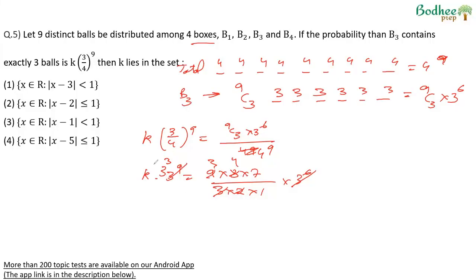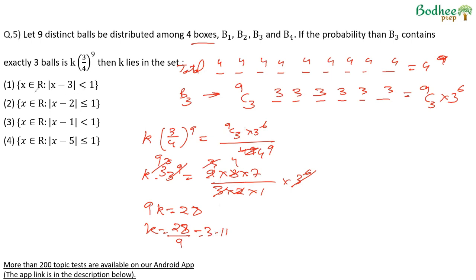So from here we can say 3 and 3 square, 9 will be left. 9K is equal to 28 or K is equal to 28 by 9. This is 3 point something, 3.111 to be precise.